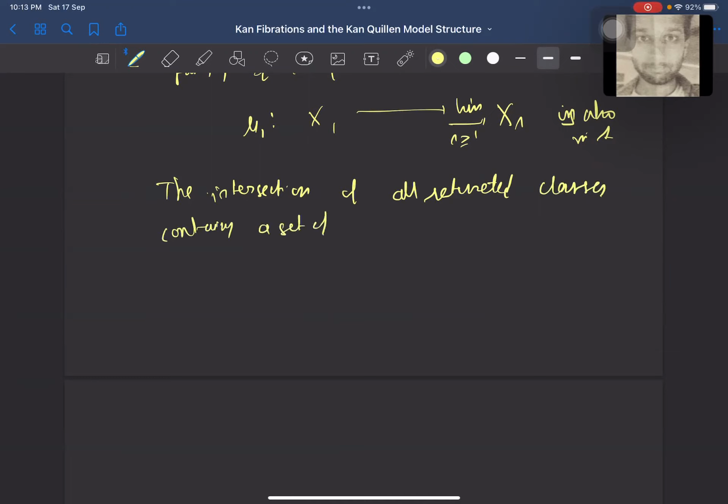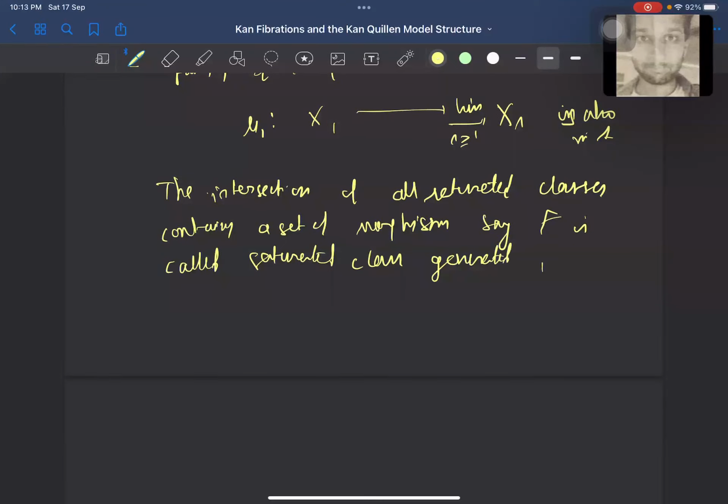Let me call it, say, F. It is called the saturated class generated by F. This is the terminology that we have.